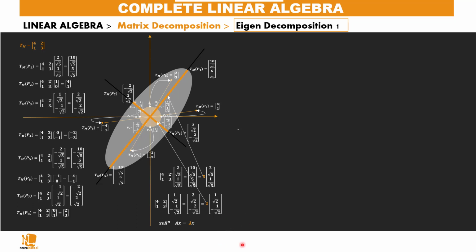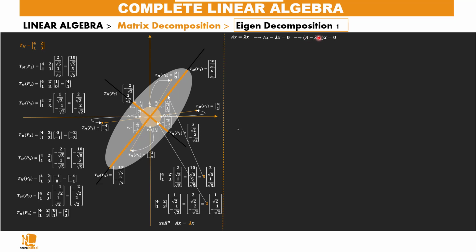Since Ax equals lambda x, we have Ax minus lambda x equals 0, which is (A minus lambda In) times x equals 0. Notice that the identity matrix has been inserted, and this is because without inserting this identity matrix, we have A minus lambda, so we're subtracting a constant from a matrix, and that's not correct.